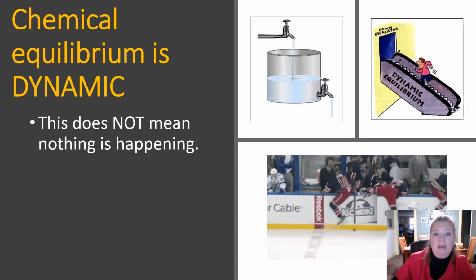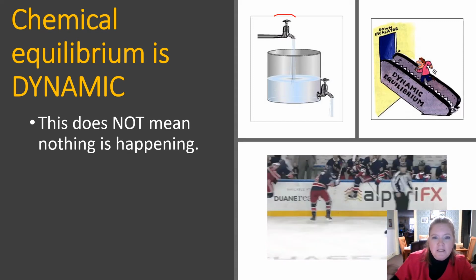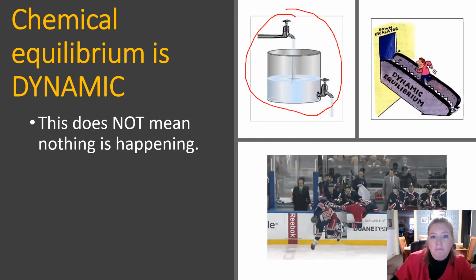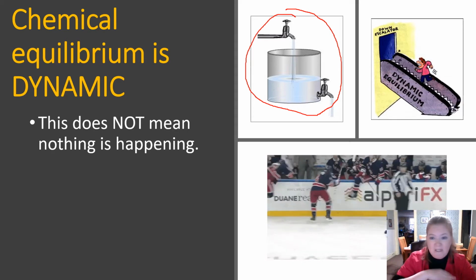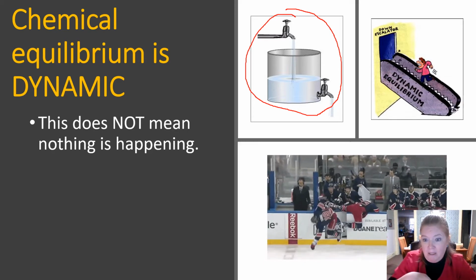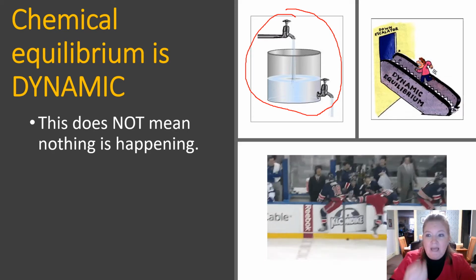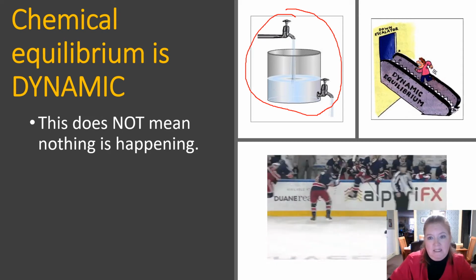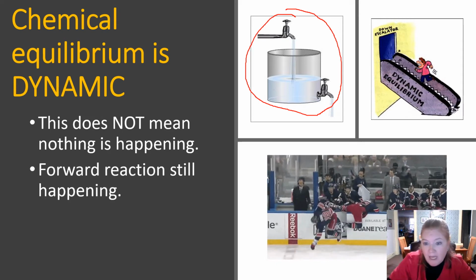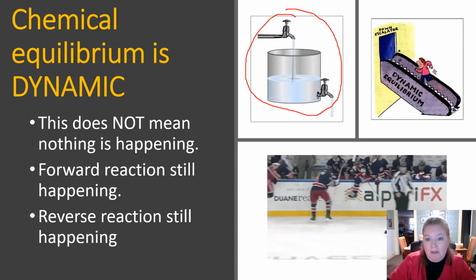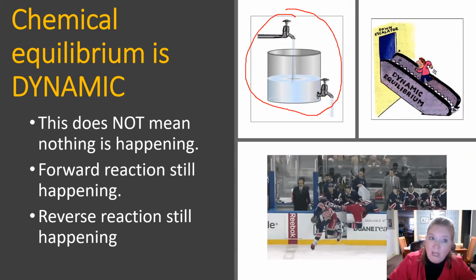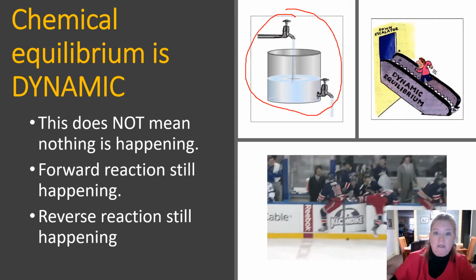So it's dynamic. Here, this container is constantly being filled with water, but at the same rate it's being filled, the water is emptying out. It's not that nothing is happening, it's just that it is constant. The forward reaction is still happening. The reverse reaction is still happening. When we talk about rates later, we'll see the rates are equal.